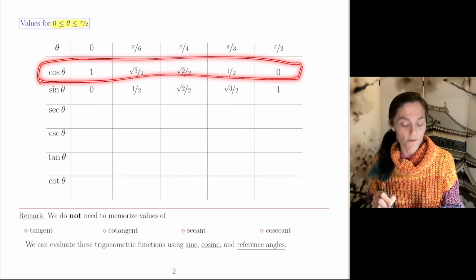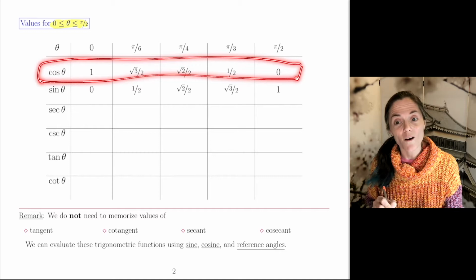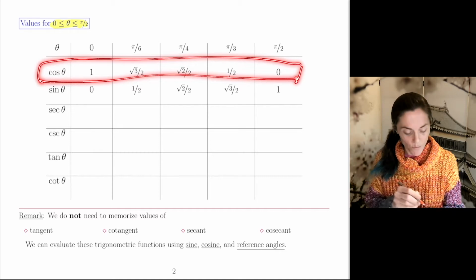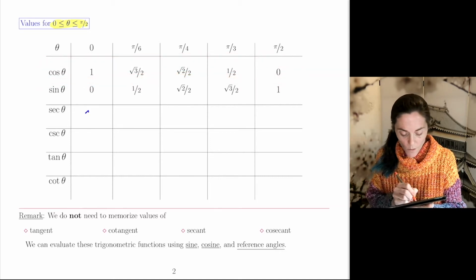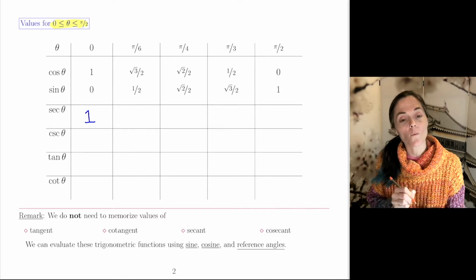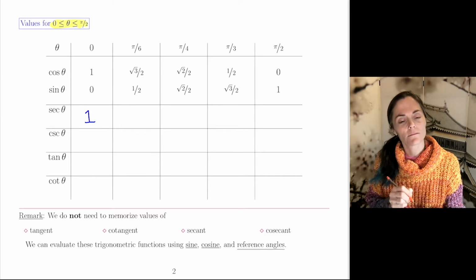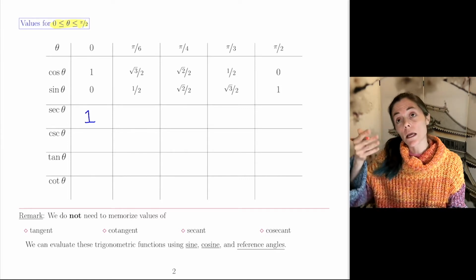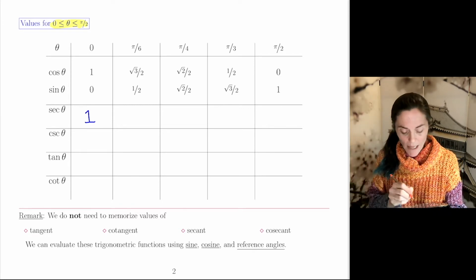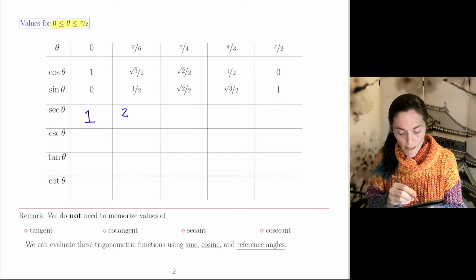Secant was 1 over cosine. And so I just take 1 over everything in this first row. 1 over 1 is 1. Now, if you take 1 over square root 3 over 2, square root 3 over 2 is in the denominator, and we will invert and multiply. So this will be 2 divided by square root 3.